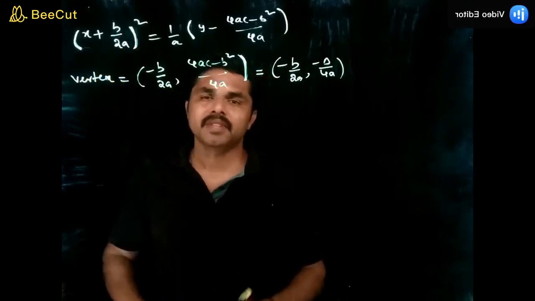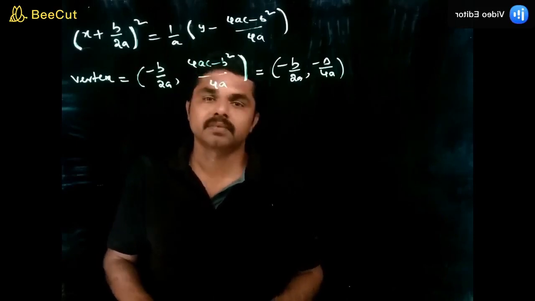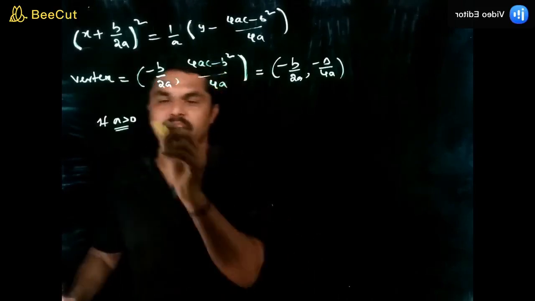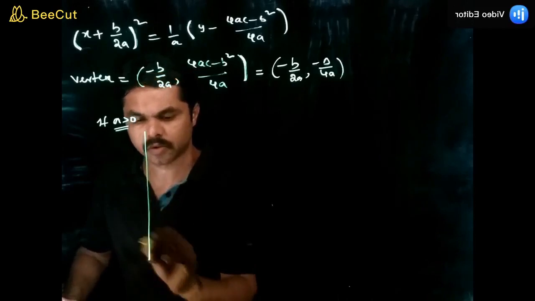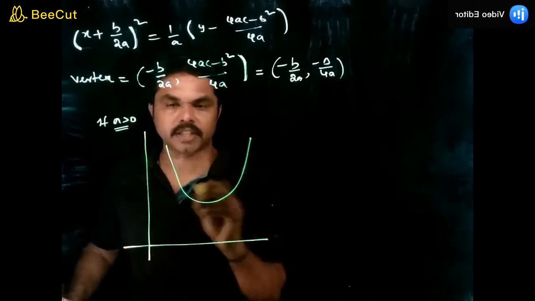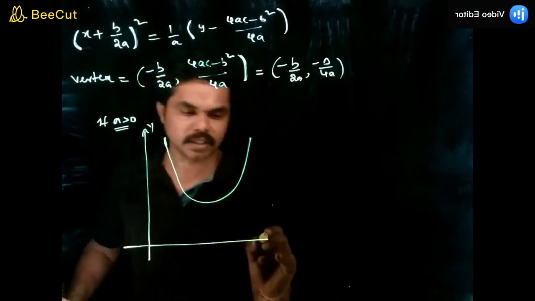Right. With the help of this, we can easily identify the extreme values of a quadratic expression. Here the extreme values mean maximum value or minimum value. If a is positive, the parabola may be like this. Let's take this as the y-axis and this as the x-axis.